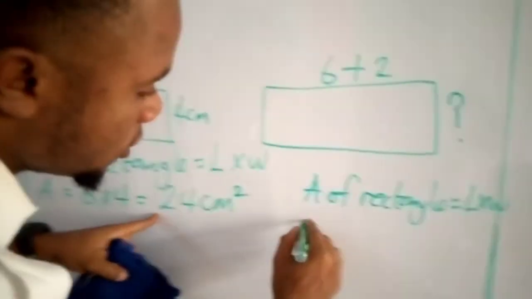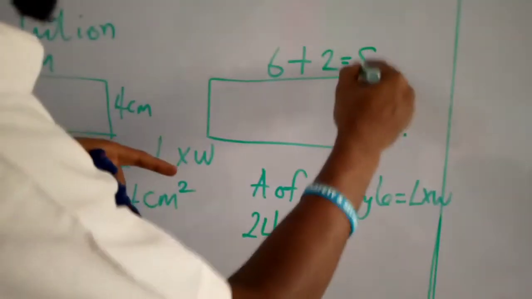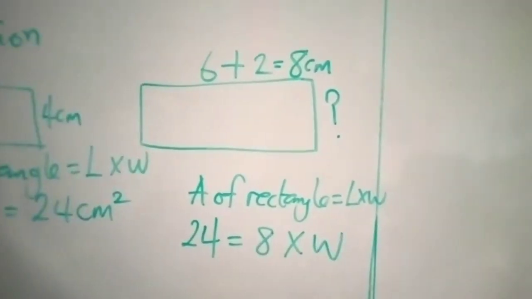So we have area, which is 24, is equal to the new length, which is now 8 centimeters, times the width, which we don't know.